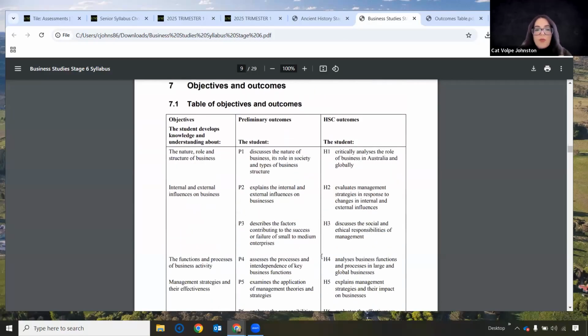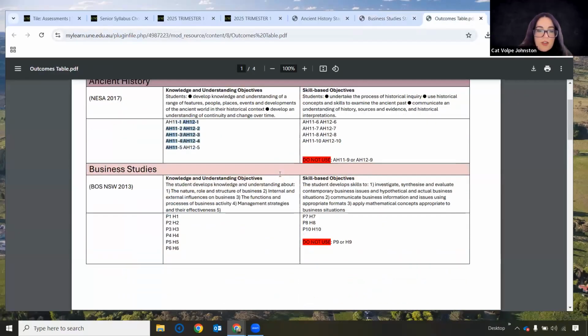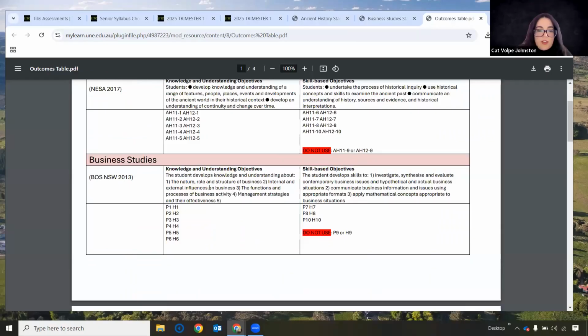Again, we have the outcome table here. And if you go back and have a look at the outcome table, you will see that I've broken everything down into knowledge and understanding objectives and skill-based objectives, and copied in what they are related to business studies. And the outcomes that you can't use, which is pretty much just communicate.